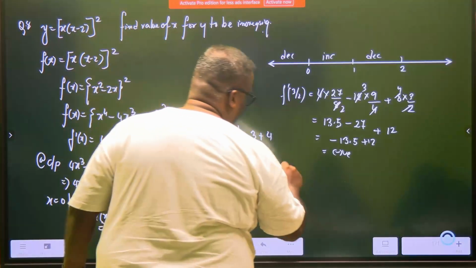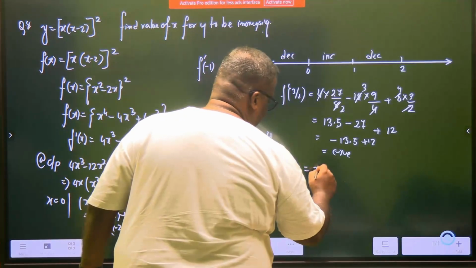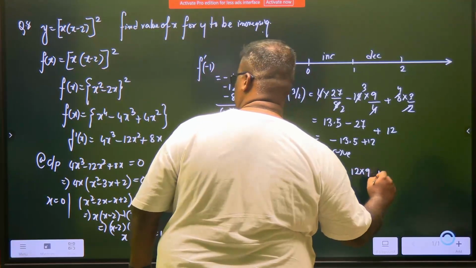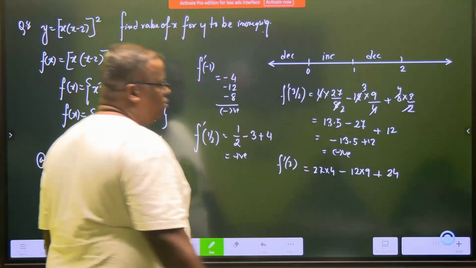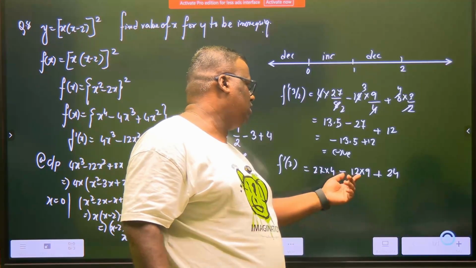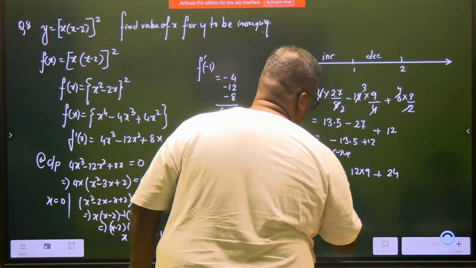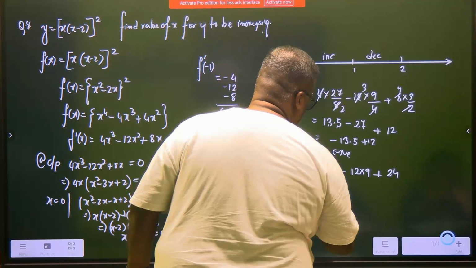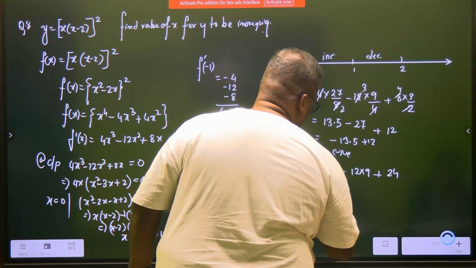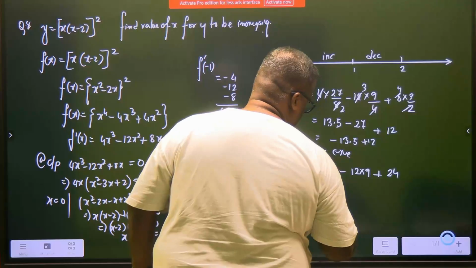And then let's take f dash of 3. If you take f dash of 3, 3 3s are 9, 9 3s are 27. 27 times 4 minus 12 into 9 plus 8 into 3, which is 24. So 27 times 4 is how much, beta? 108.